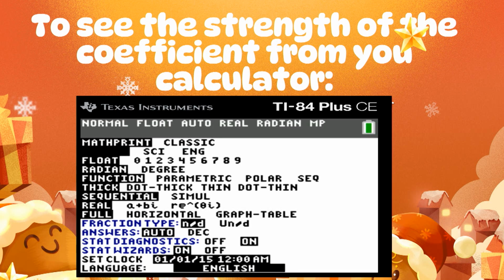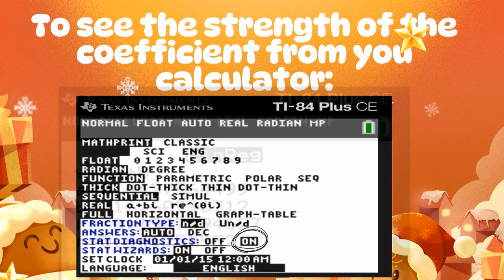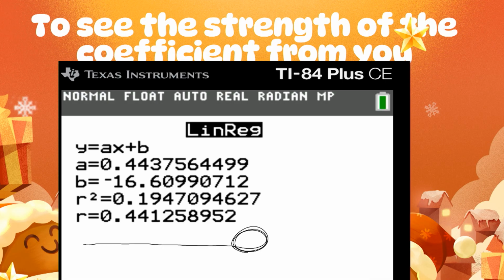So when we do all that, we are looking right here. This stat diagnosis, and you want to turn it on. That's what you're wanting to do. If you put the stat diagnosis on, when you pull that linear regression, it's going to show what that R is, how strong it is, or how weak it is.